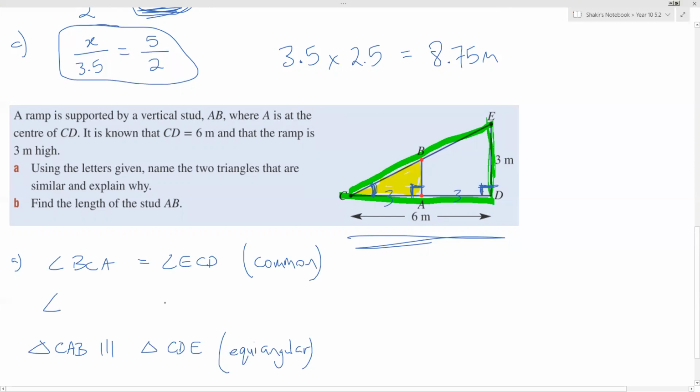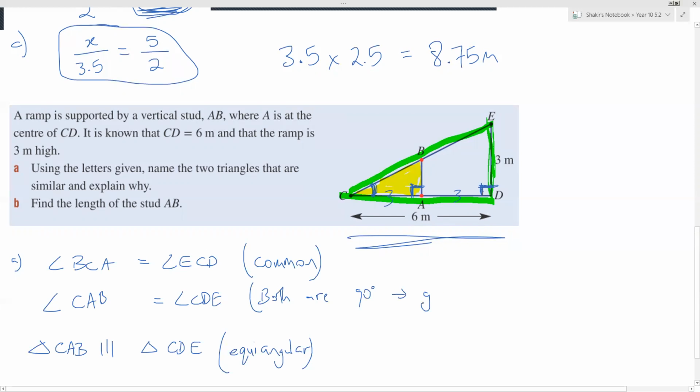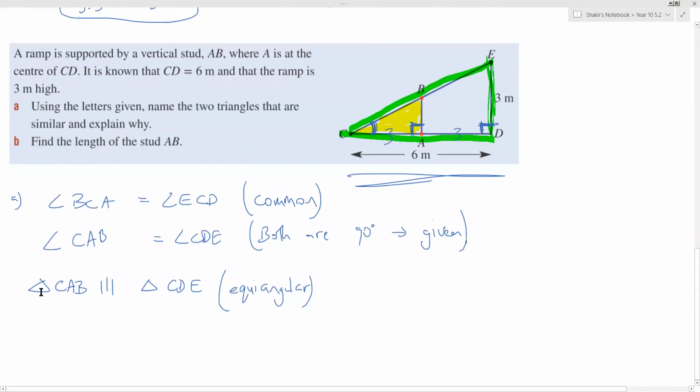And then we could also write angle CAB is equal to angle CDE, and both of them are 90 degrees. Given. We know that because it was given to us, right? And that's it, we're done. Then we just write, therefore, triangle CAB is similar to triangle CDE because they're equiangular.